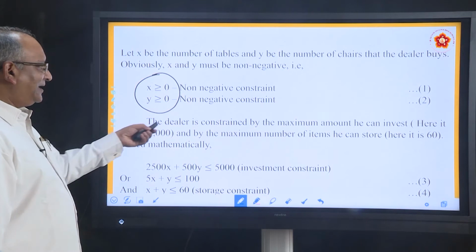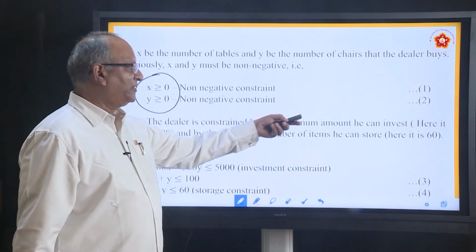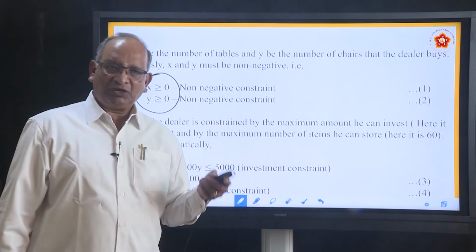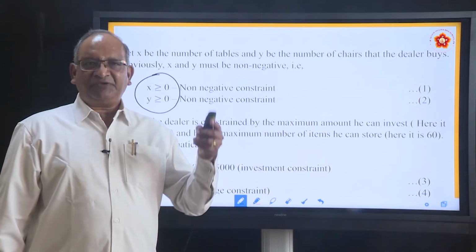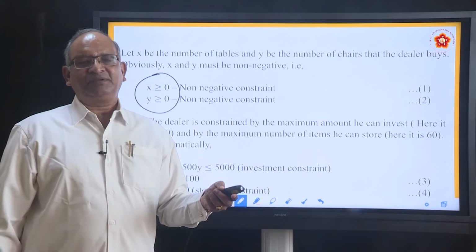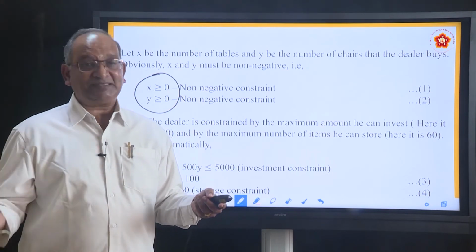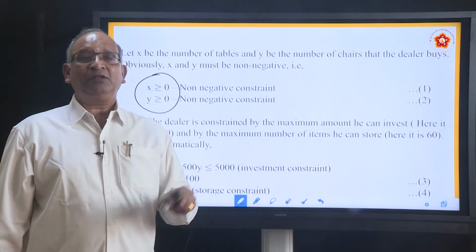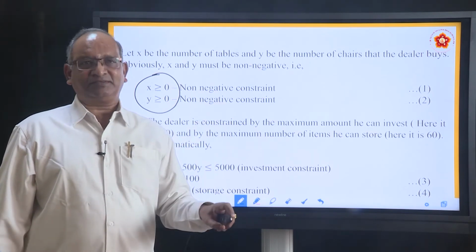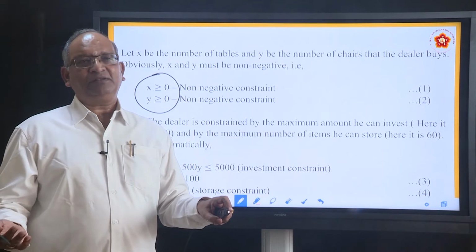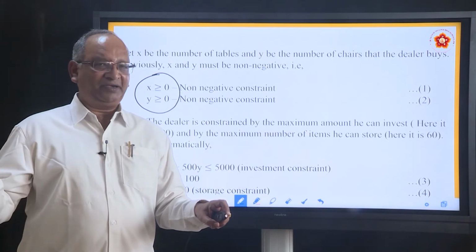The dealer is constrained by the maximum amount he can invest. He has only 50,000. He cannot invest more than that. So if he is buying x tables and y chairs, what is the cost of each table? 2,500, so 2,500 into x. What is the cost of a chair? 500, so 500 into y.